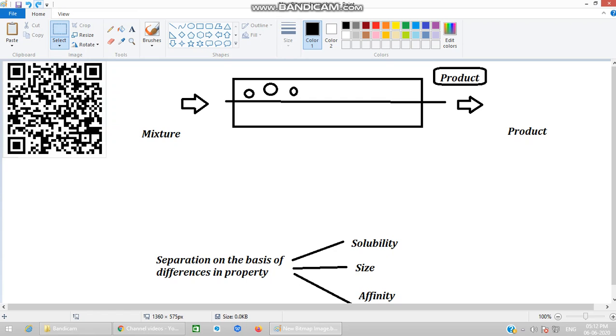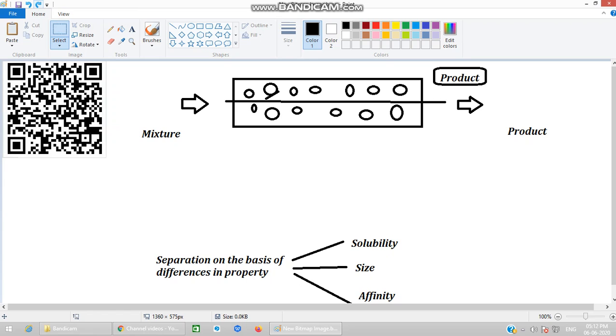Inside the matrix, there will be separate pores, or spheres, in which there will be some space. For size exclusion chromatography, the materials will get trapped inside the pores only. Therefore the smaller molecules will get inside the pores, and the bigger molecules will come out.